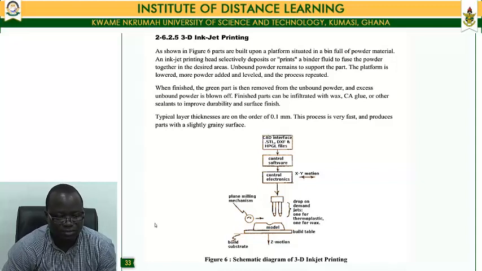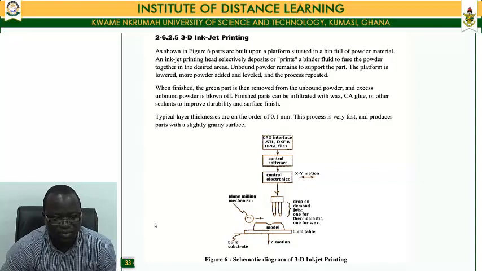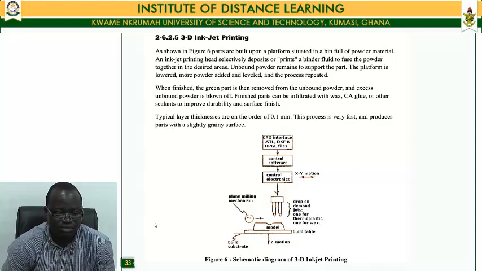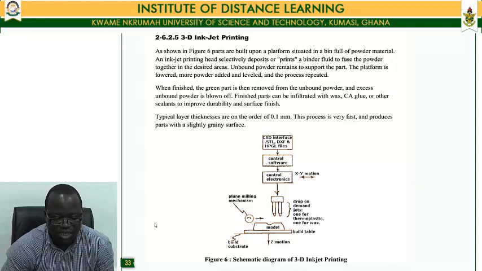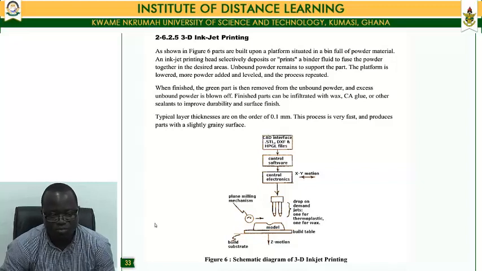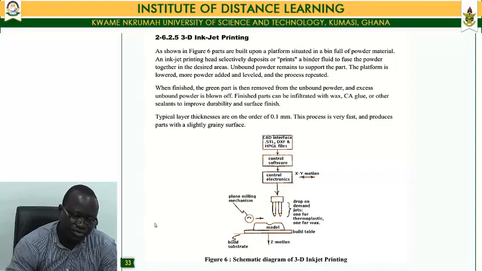Basically, the parts are built upon a platform situated in a bin full of powdered material, and then the head selectively deposits the binder fluid to fuse the powder together, and the unbound powder will remain as the support to support the parts. And as the platform lowers, more powder is added and leveled, and the process is repeated.